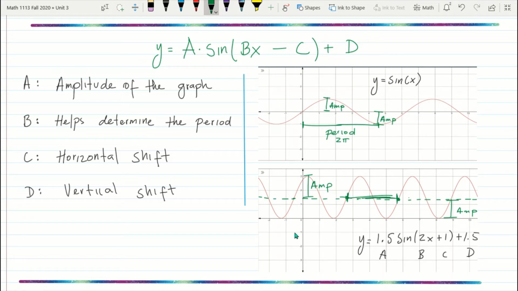Notice how it does it very quickly, right? It does it in almost, in fact, half of what the other one does. This is a period, and if you notice right above, it does it in about half the amount of the original sine function, okay? So maybe I'll erase these ugly lines here.